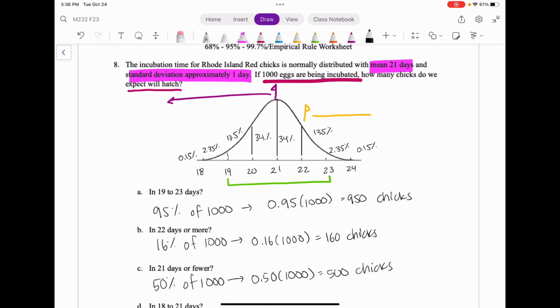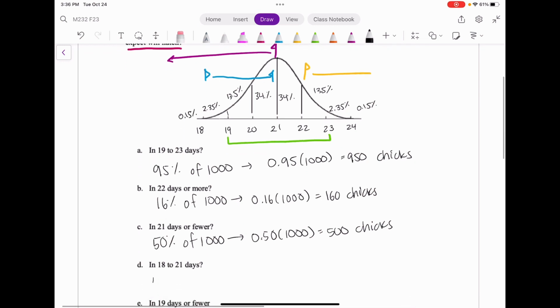The next question asks us between 18 to 21 days. Here's 18 up to 21. We're going to add 34, 13.5, and 2.35 to get 49.85, which means I need to find 49.85% of 1,000, turn that into a decimal, multiply it by 1,000, and I get 498.5 chicks.